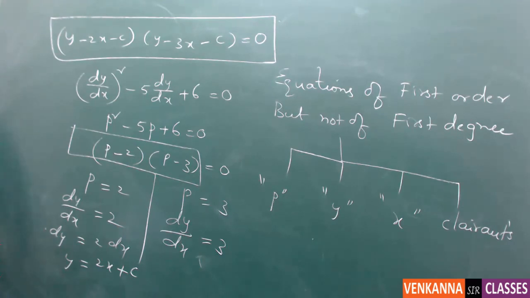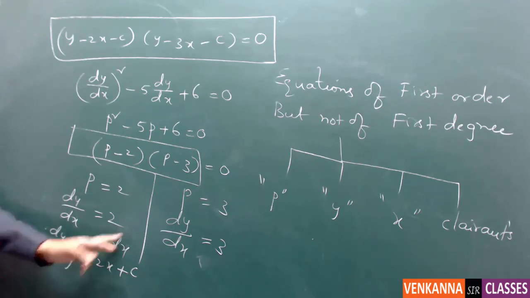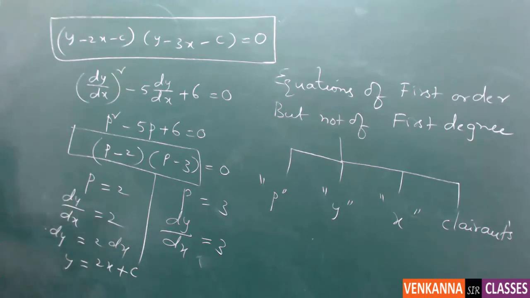So how to obtain the general solution? First of all, we need to write the given equation as a product of factors in p, either directly or by rearranging the terms. Then we solve each factor individually, and the final solution is represented in product form. Clear? Yes or no?